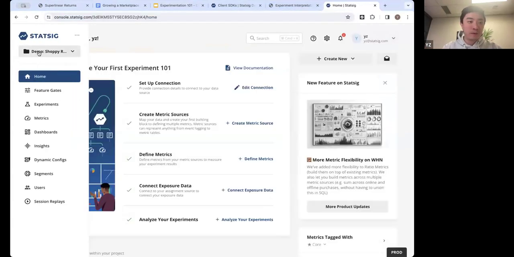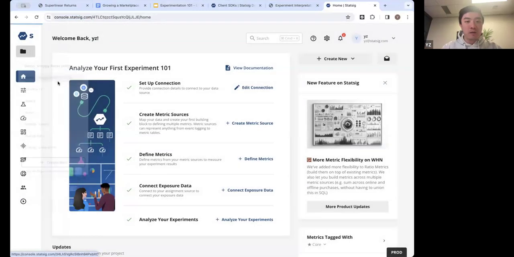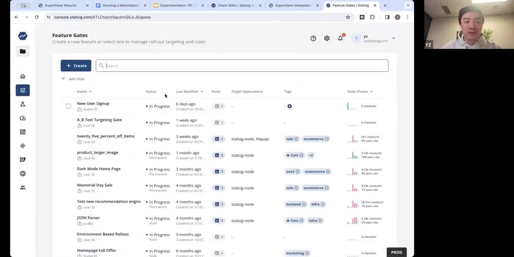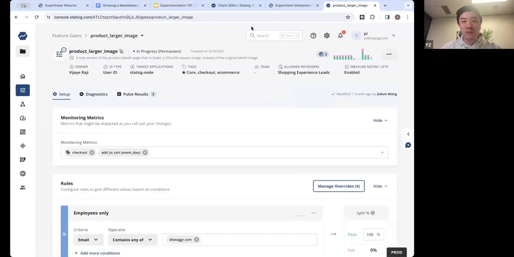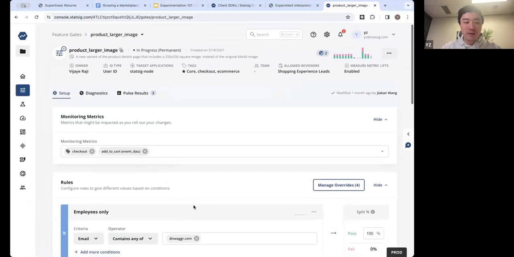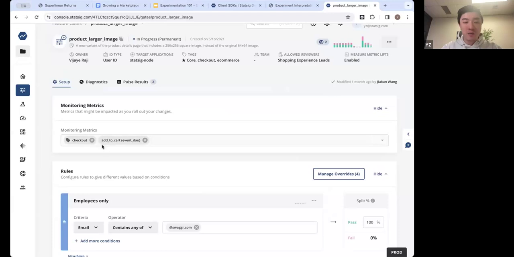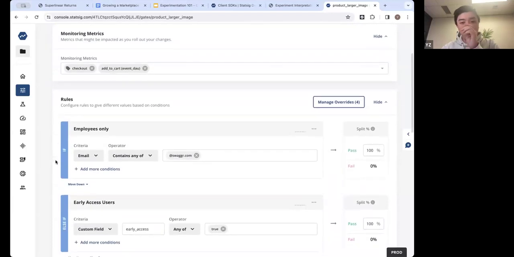Okay. So this is our product, the console. And in feature flags, for example, this is a feature flag to determine who sees a larger product image. For the feature flag, I want to monitor a couple of metrics, and I want to set up the rule.